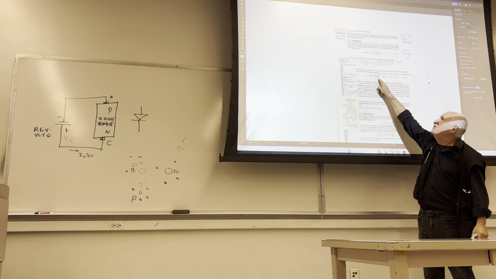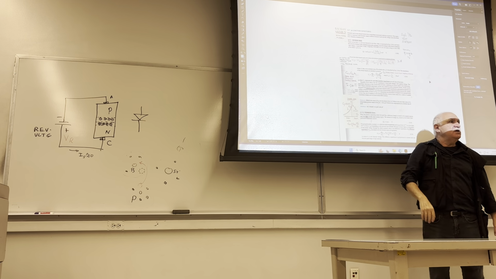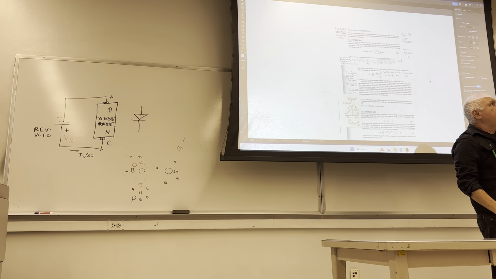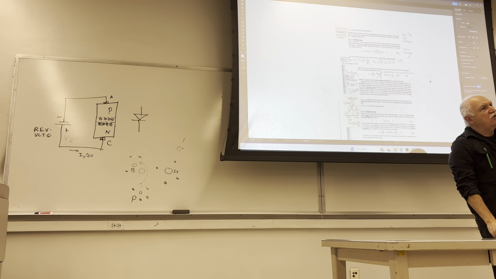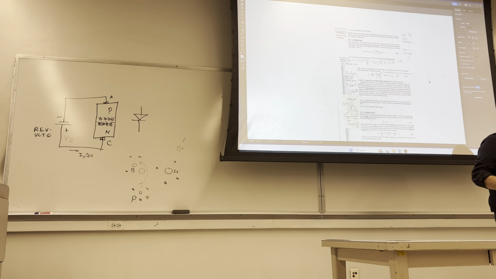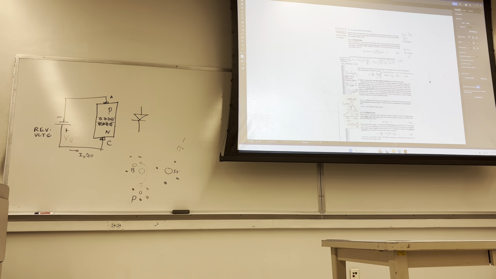Then when you apply a voltage, the radical determines how low that capacitance will go, starting from 150 picofarad. It can go from 150 down to 2-3 picofarad. So what can you make with it?